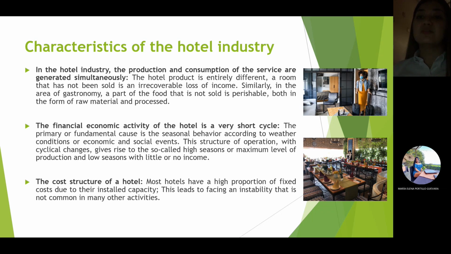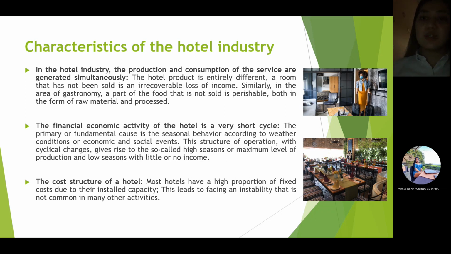So the hotel product is entirely different. The financial economic activity of the hotel is a very short cycle. For example, this structure of operation with cyclical change gives rise to the so-called high season, or maximum level of production, and low season with little or no income.